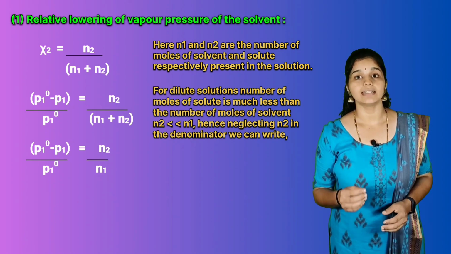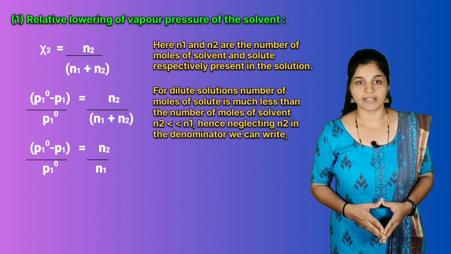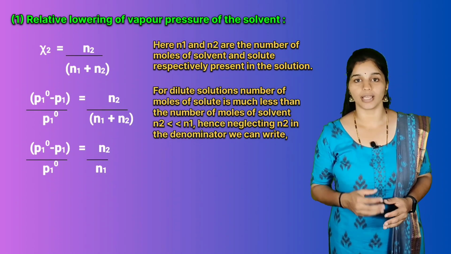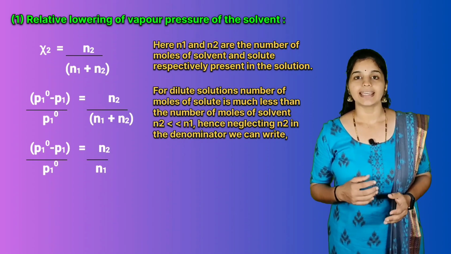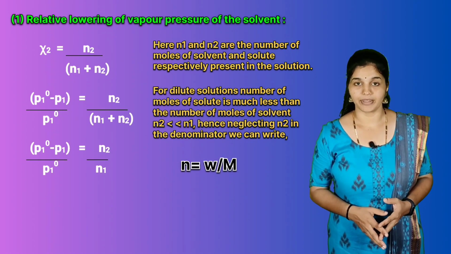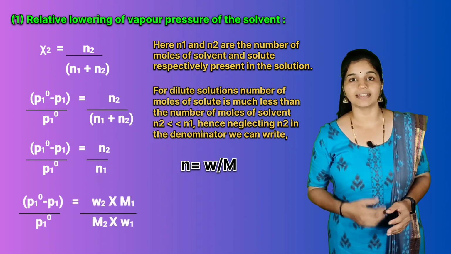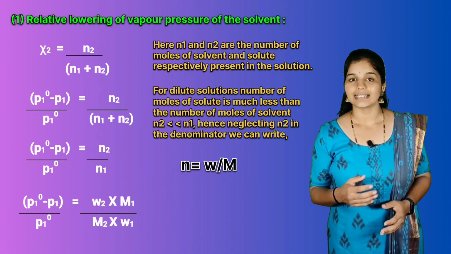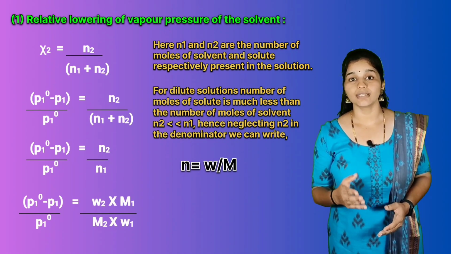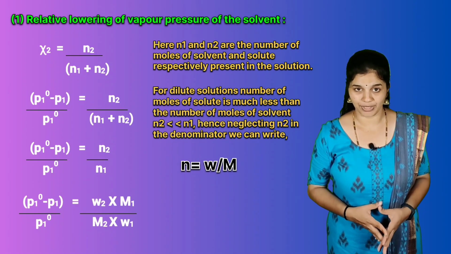We know that the number of moles is equal to the mass of the component divided by its molar mass, that is, n = W/M. So we can write (P1⁰ − P1)/P1⁰ = (W2 × M1)/(M2 × W1).